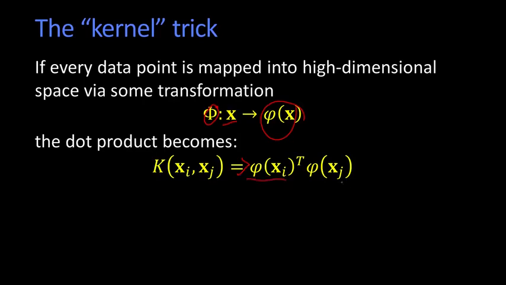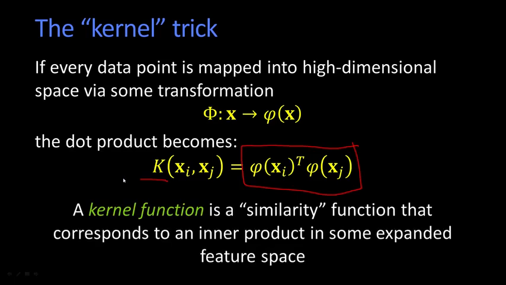That's what's written right there. In fact, what I'm going to do is redefine k. Instead of just being the dot product of xi and xj, I'm going to have a new k, which is just this dot product of the higher dimensional space.